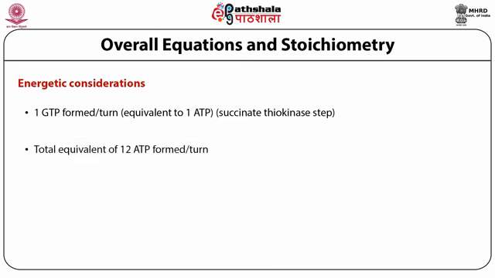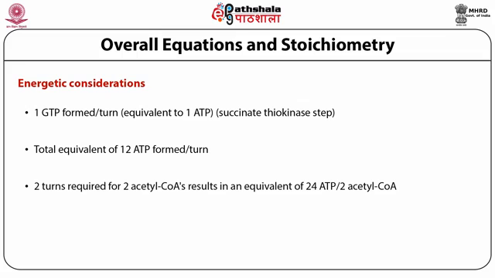A total equivalent of 12 ATP is formed, and 2 turns require 2 acetyl coenzyme A, resulting in an equivalent of 24 ATP per 2 acetyl coenzyme A.